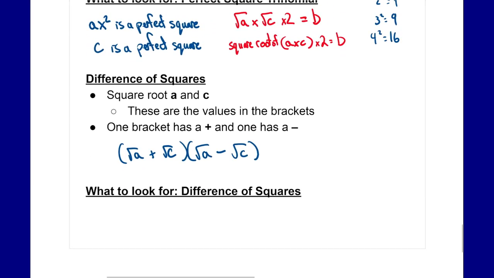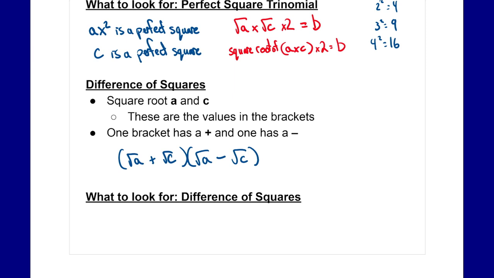What to look for when we're dealing with a difference of squares? So a couple of things that we're looking for. Easiest thing to look for, there's only two terms. It might be something like a squared minus b squared. That's it. So the two terms, there's subtraction between the two terms.